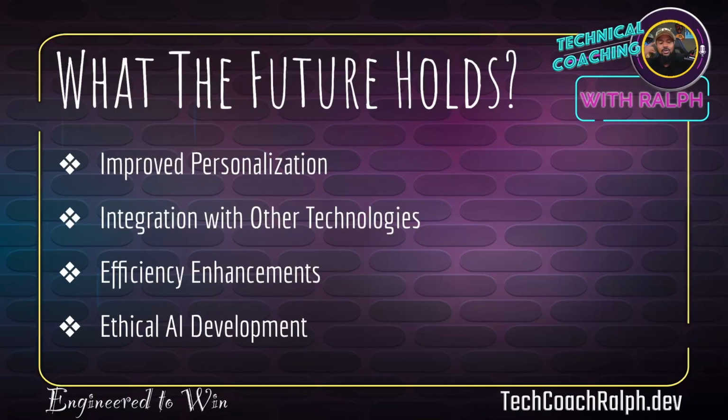So what does the future hold for AI? There's improved personalization. When I say improved personalization, maybe 4 to 6 months ago I created an AI clone that learned all about the things that I talk about by reading this YouTube channel, my website, and my other website.